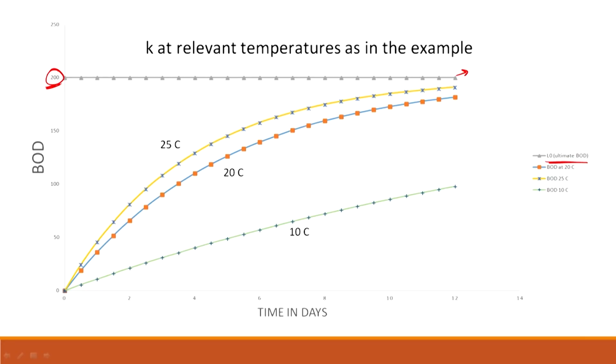At 20 degrees centigrade, you see this is the BOD profile, but if I increase it, yes, a slight increase. But if I decrease it, I did decrease it by 10 degrees centigrade here while the increase is by 5, you see the adverse effect is relatively high.